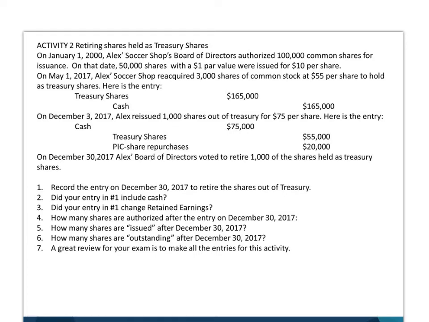So the entries are going to look just like they did on the last activity, except that instead of using cash to retire shares, we're actually going to just use our treasury shares. So this would be an awesome thing to see if you could do as a review for yourself.